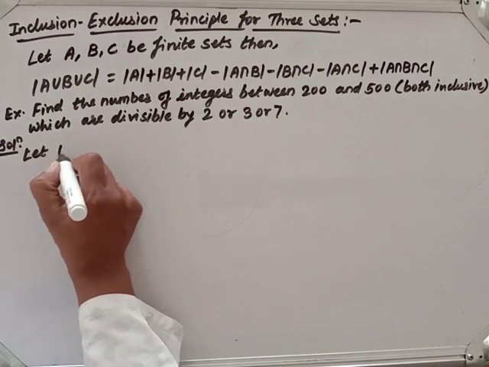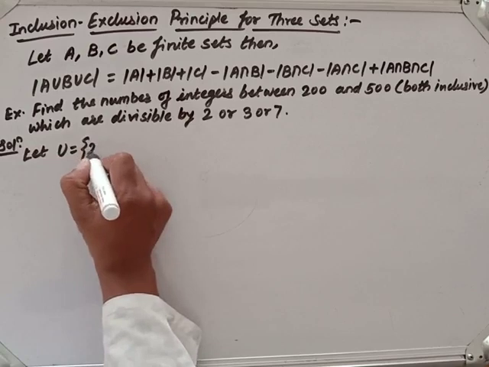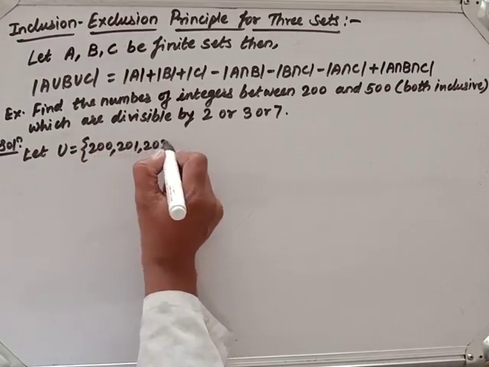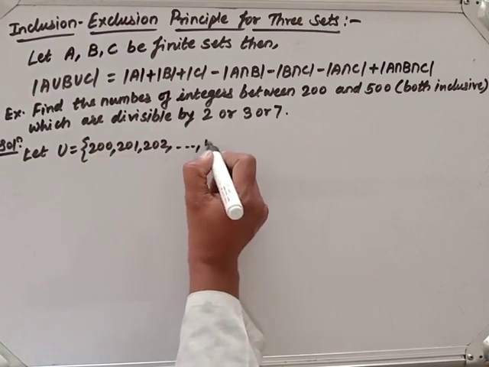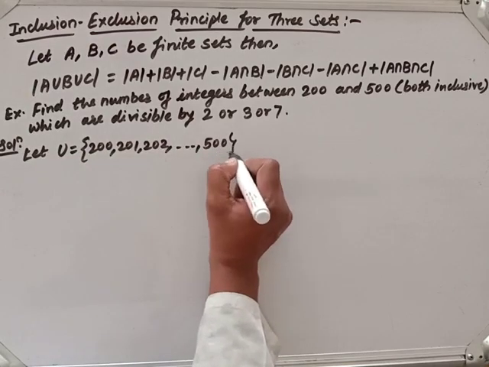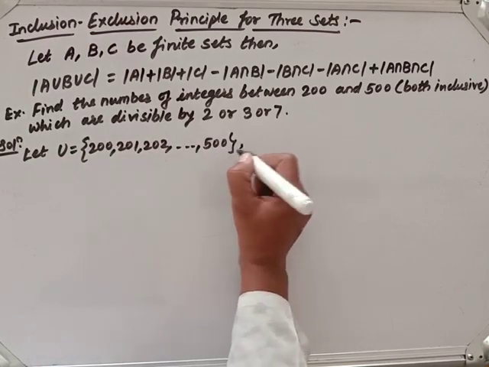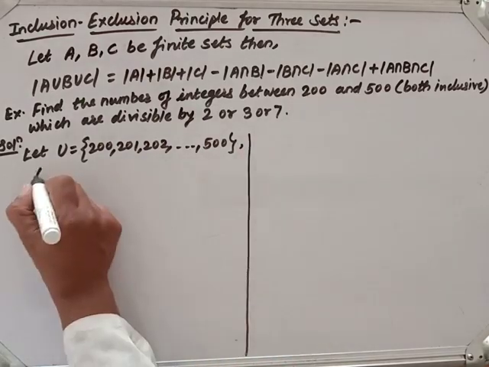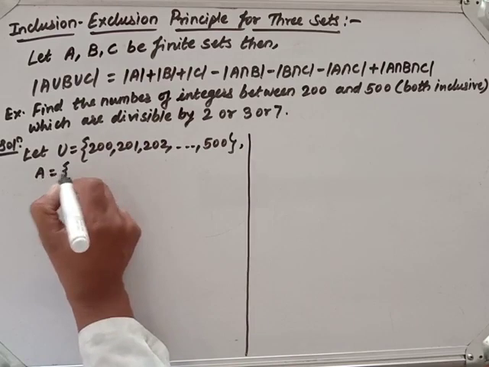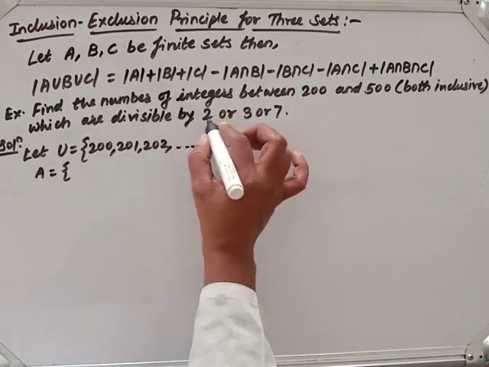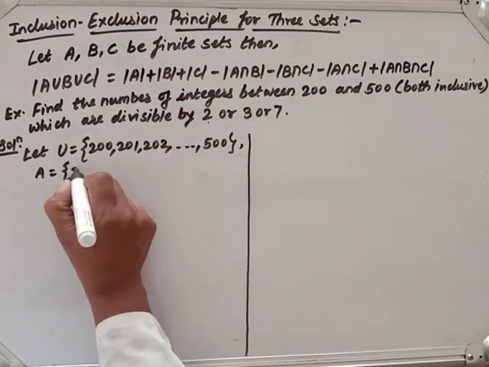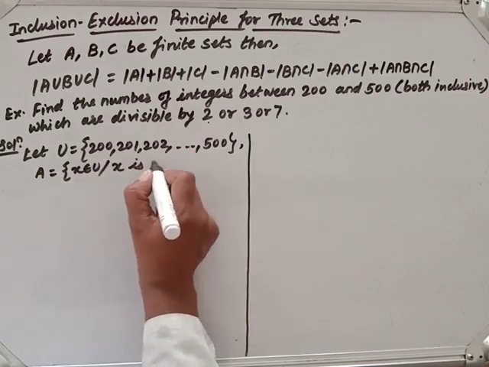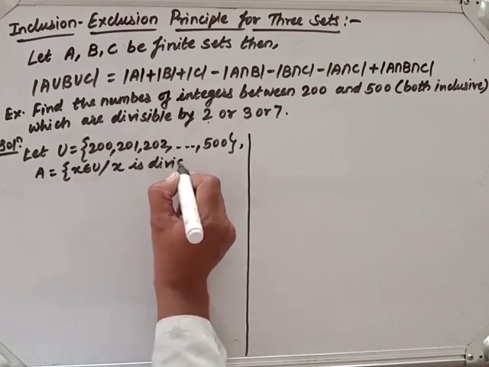Let U be the set 200, 201, 202, and so on up to 500. Now what is set A? Set A is such a set which is divisible by 2. So x in U such that x is divisible by 2.